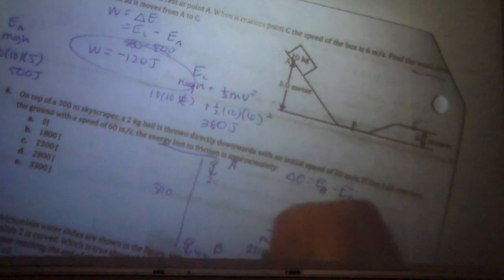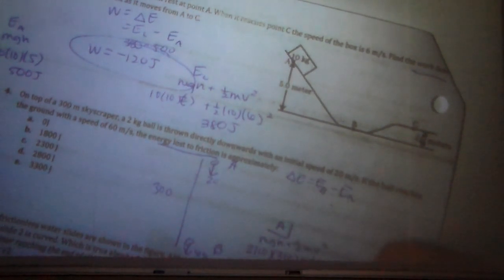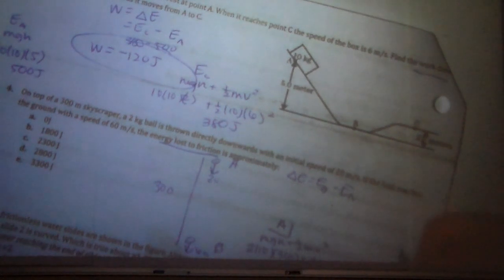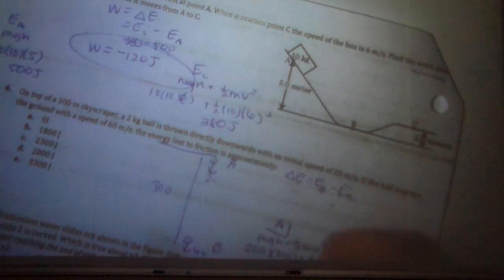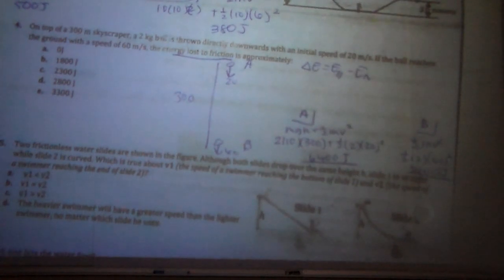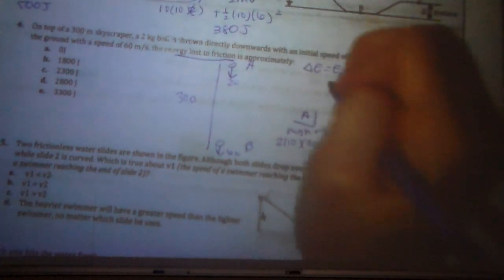So 2g, height of 300, 1/2 times 2 times 20 squared. At B, that is the speed it hits the ground with, so no height, so it's just kinetic. 1/2 times 2 times 60 squared. So this one is 3,600 joules, and I started with 6,400 joules. And then how much it changed.